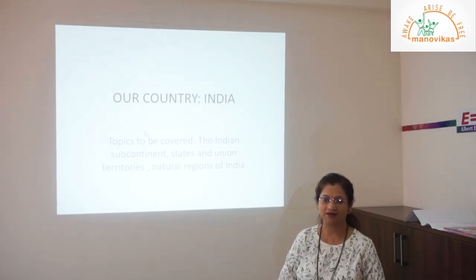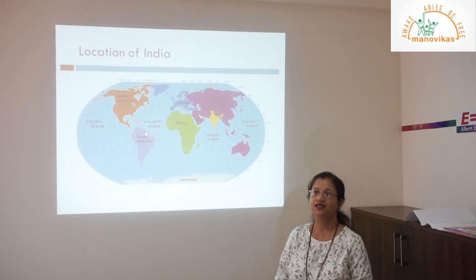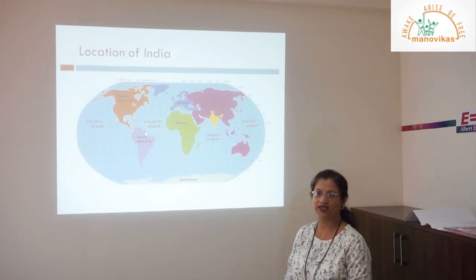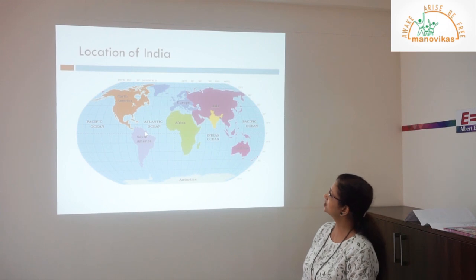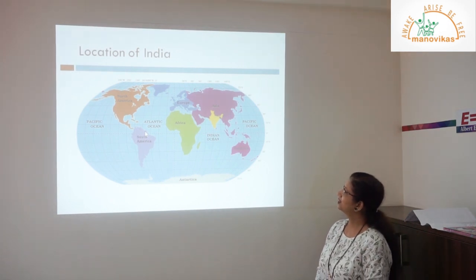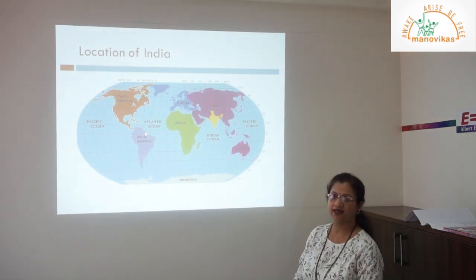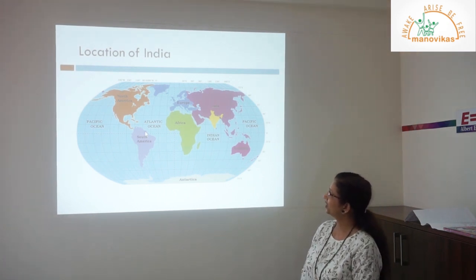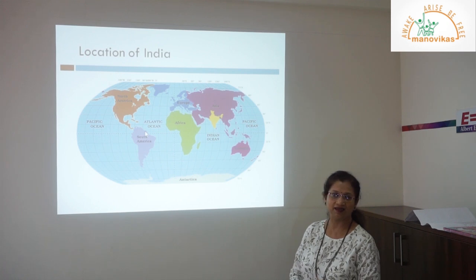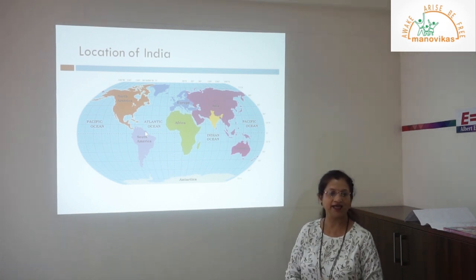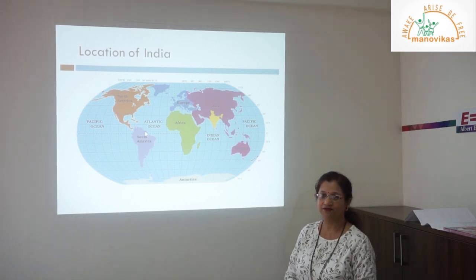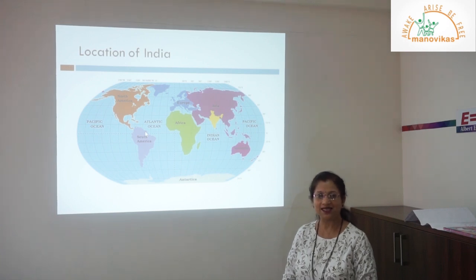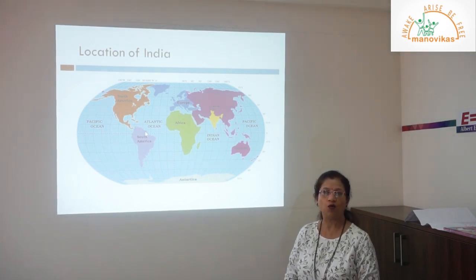So first, we see the location of India in the world. Can you see the world map here? Now the location of India. Can you see the yellow color? That is India. That is our country, India, which is diverse and still we are all one.